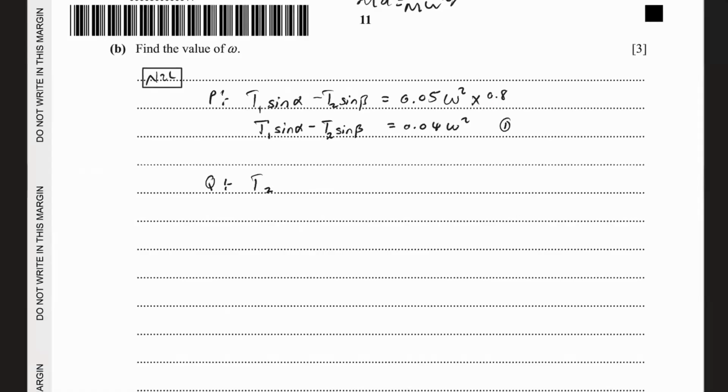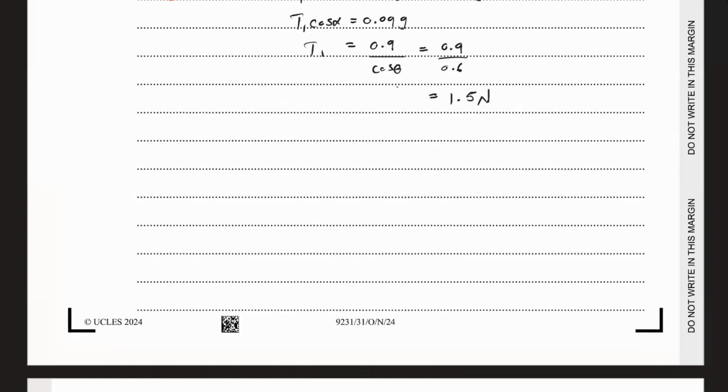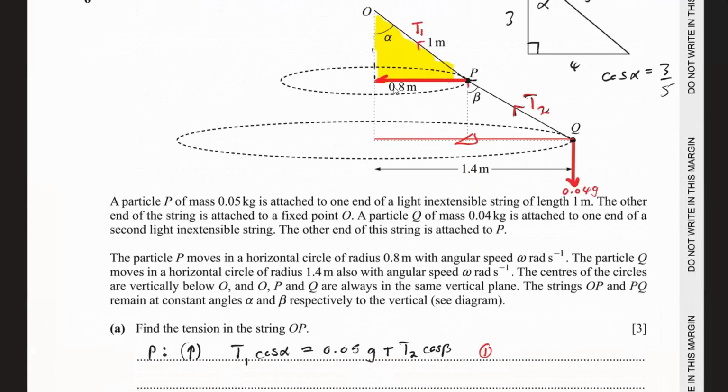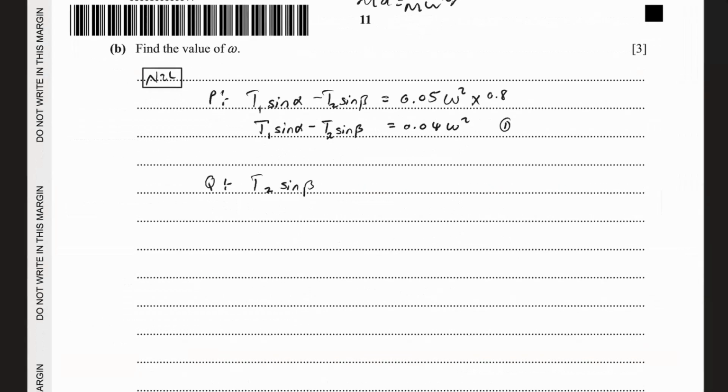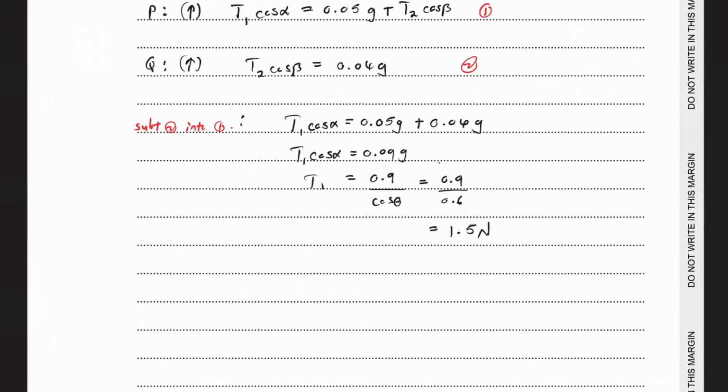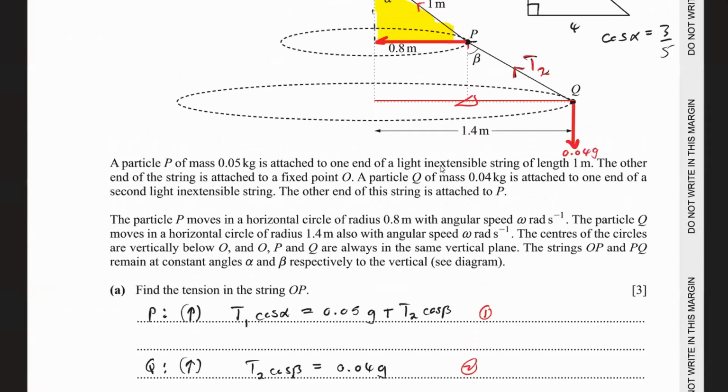So T2 sine beta. Any other force horizontally pulling on Q? There's no other. So this has to be equal to mass times acceleration. So it's equal to m, which is 0.04, omega squared, R, the radius of the bigger circle, which is 1.4.